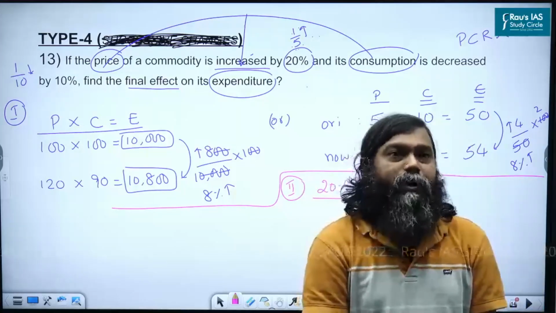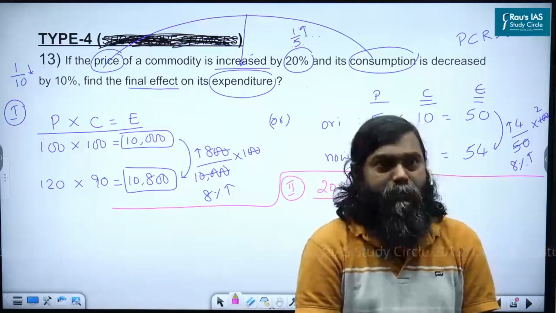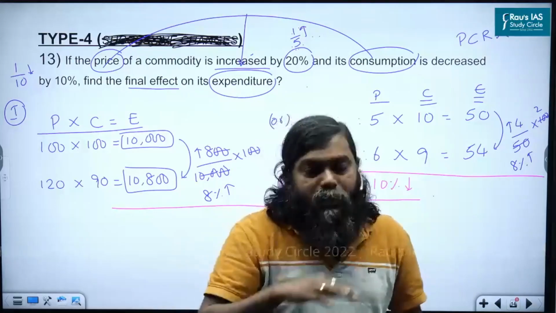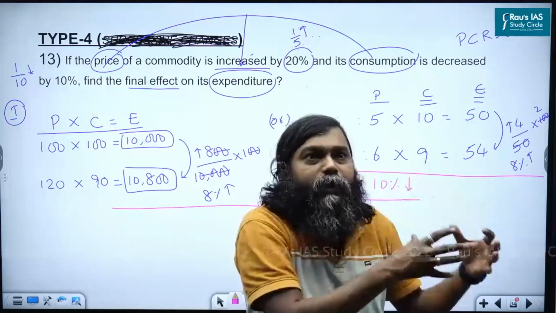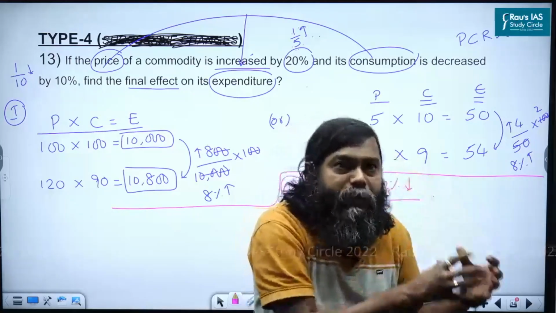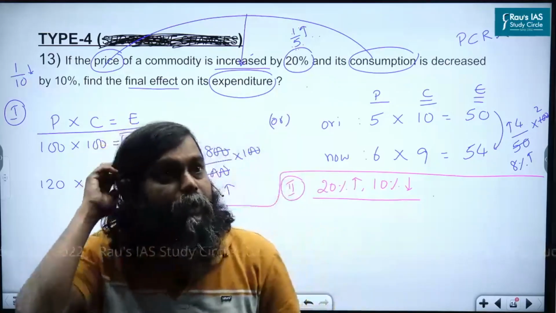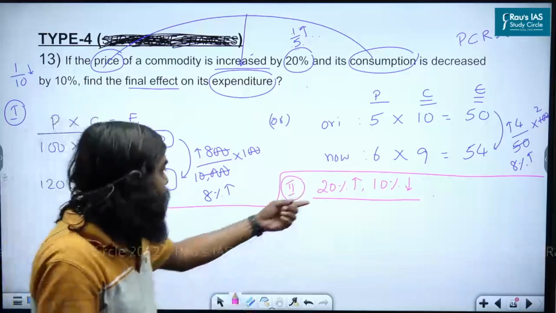Can we check whether we can solve this question by successive changes or not? Yes. Price changes, consumption changes. If I combine these two changes, I will get a net or effective change, that is called expenditure change.